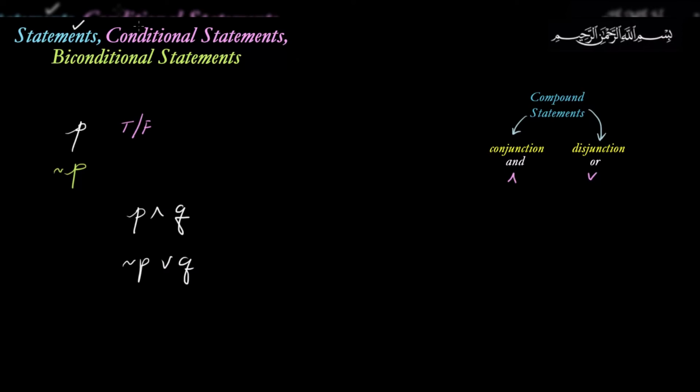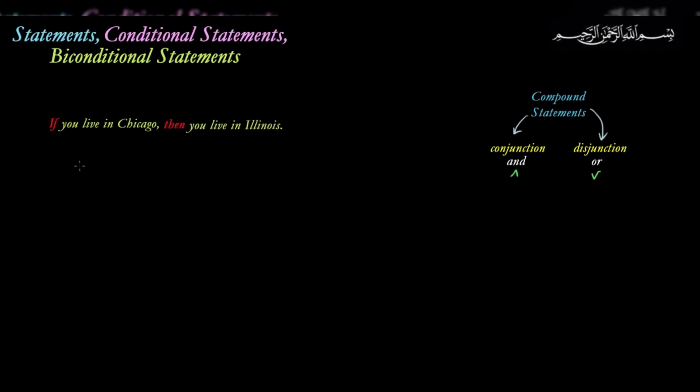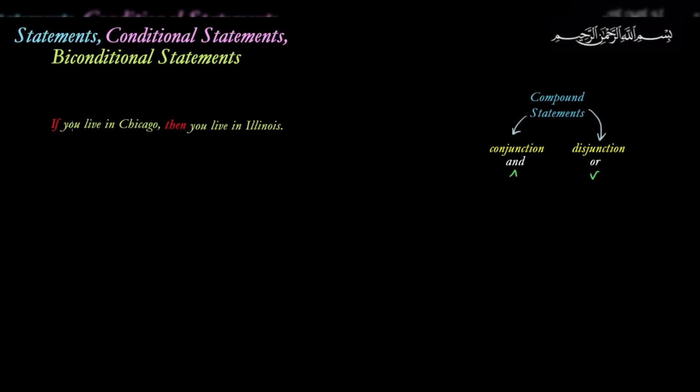Today we shall talk about conditional statements and biconditional statements, and that is the topic of today. Consider the following example of a conditional statement: if you live in Chicago, then you live in Illinois. A conditional statement is an if-then statement. It has two parts.